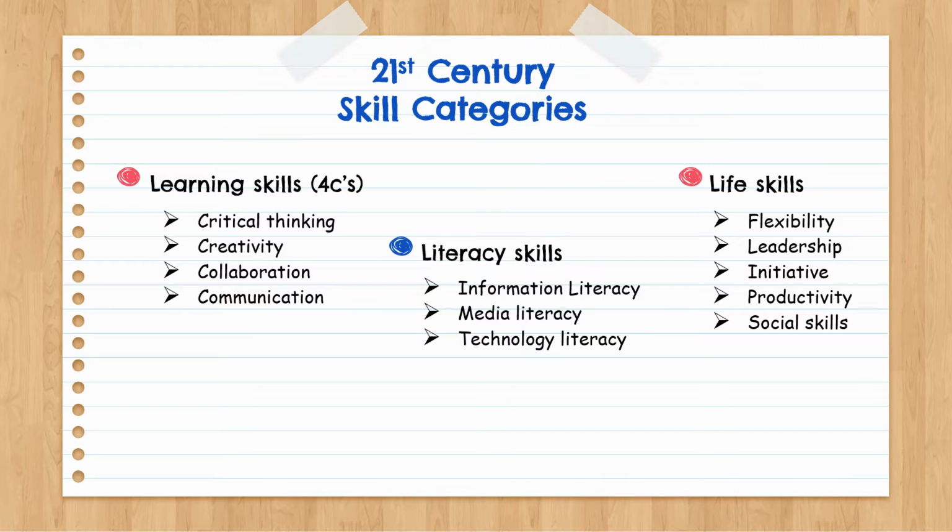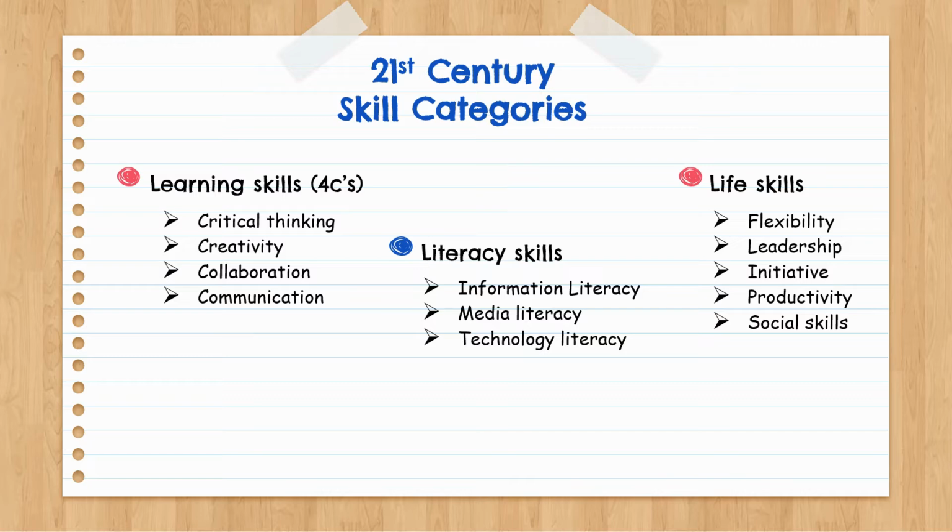Okay, for life skill, it consists of five: flexibility, leadership, initiative, productivity, and social skill. For flexibility, is deviating from plans as needed. Leadership is motivating a team to accomplish a goal.